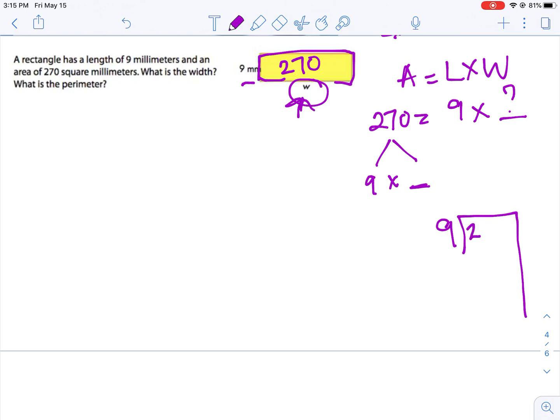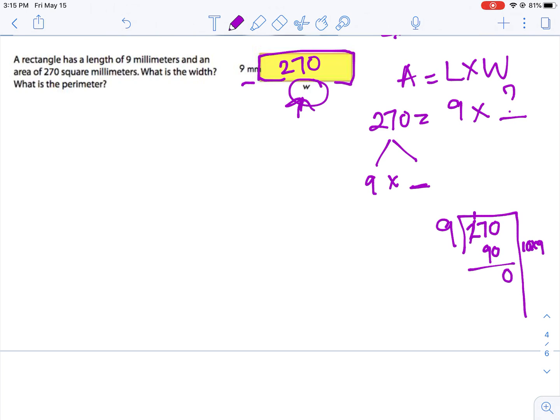So again, we're going to divide 270 by 9. And again, we're going to see what we can do here. So we know that 9, we can try 10. So 10 times 9 equals 90. And so we've got 0, and we take 27, take away 9.